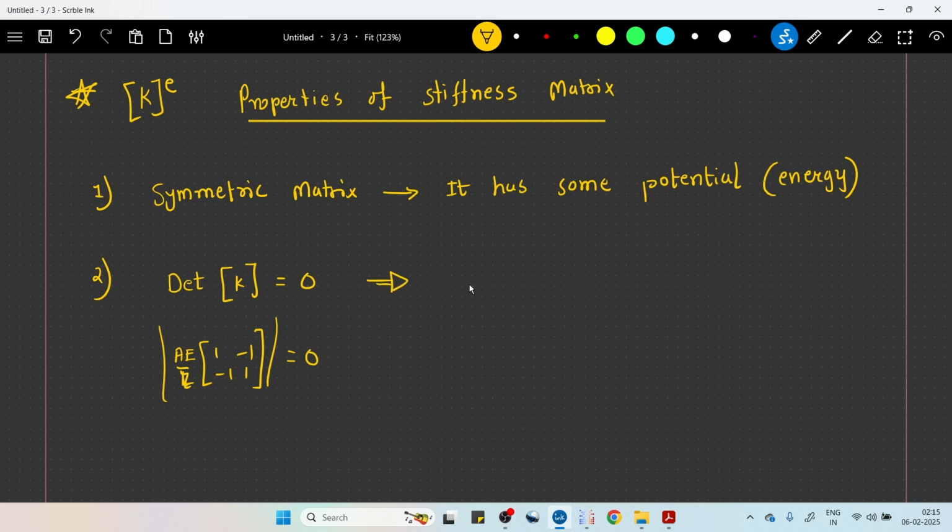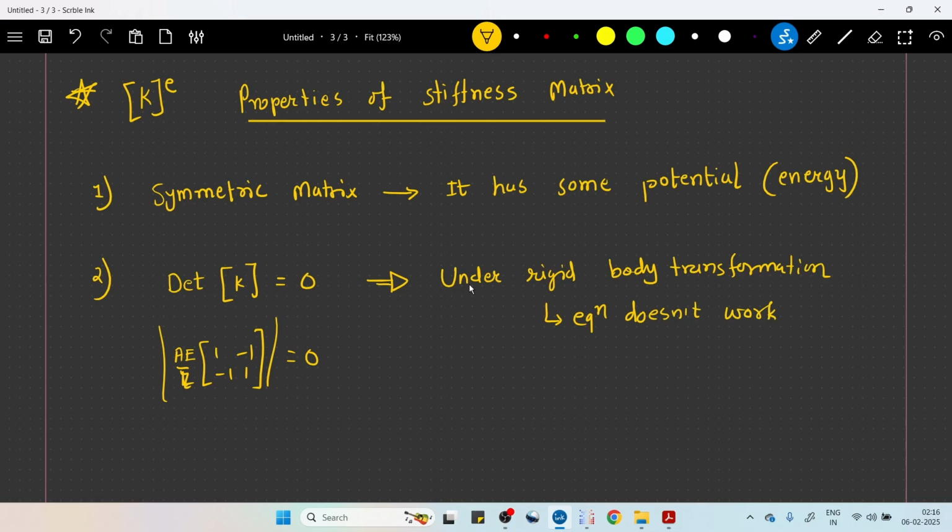That means under rigid body transformation, the equation doesn't work. What does it mean?